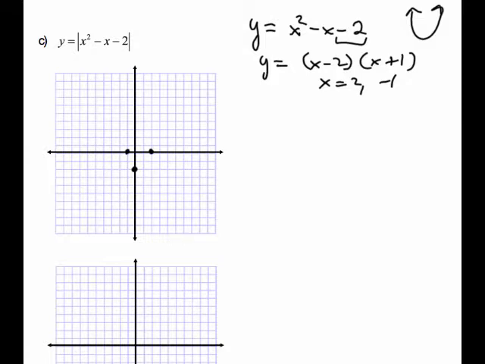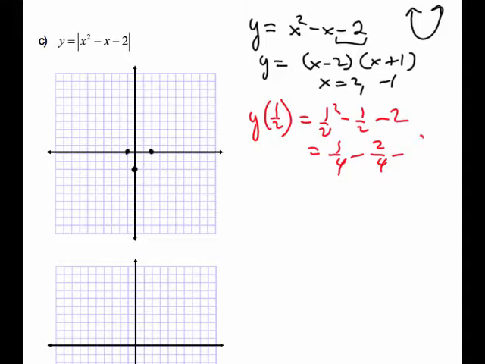And the vertex would be located halfway in between negative 1 and 2, which would be at a half. So f of a half, y of a half, would be a half squared minus a half minus 2, which would be 1/4 minus 2/4 minus 8/4. That would be negative 9/4.